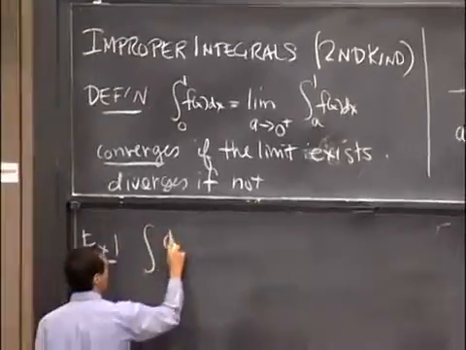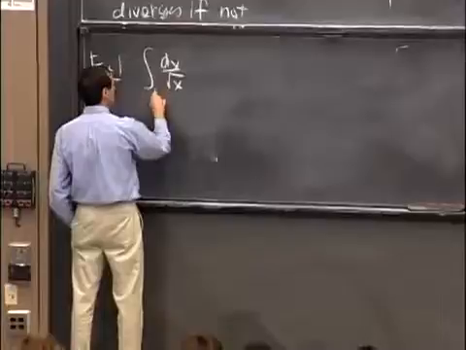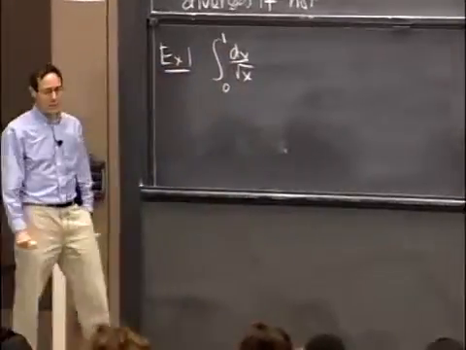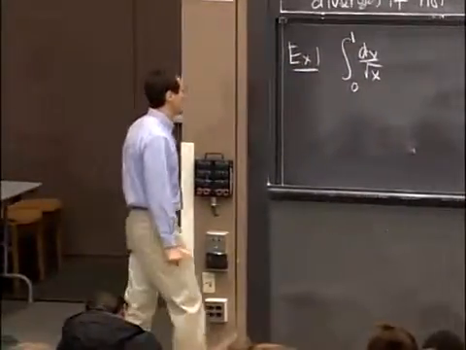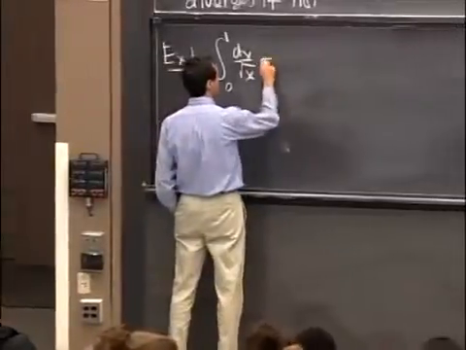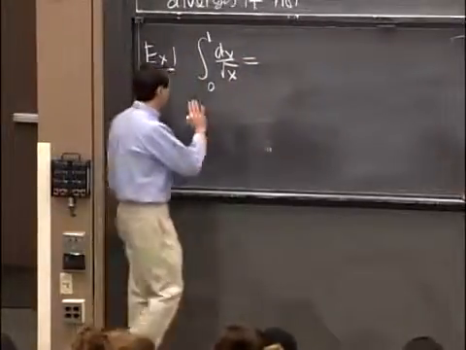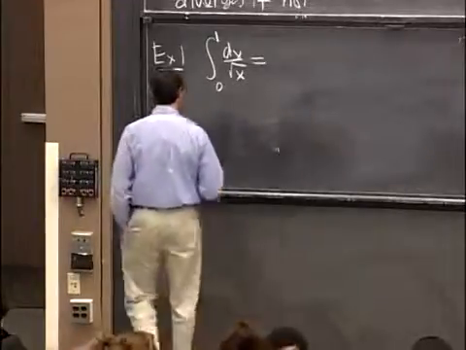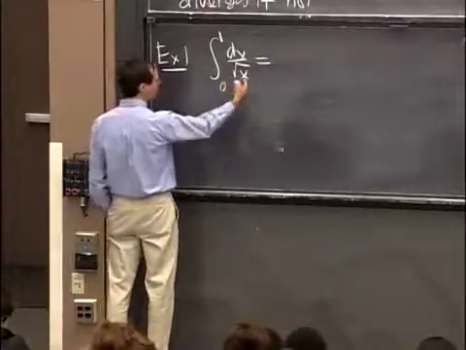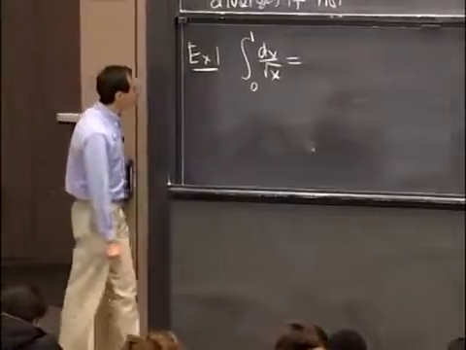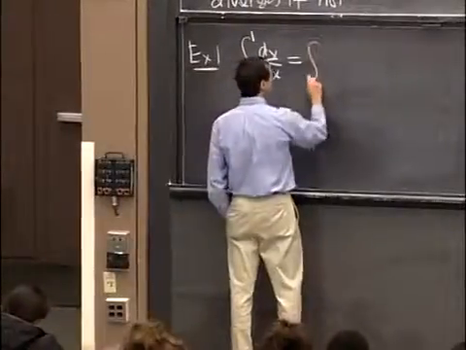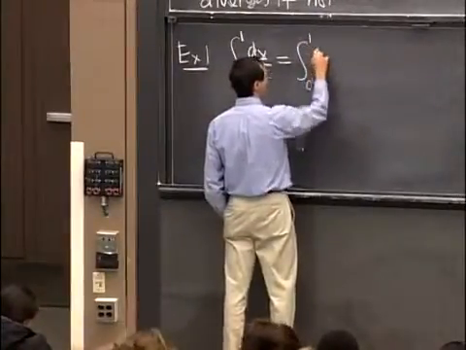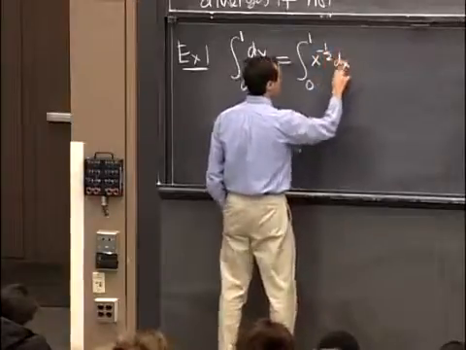First of all, I wrote this one down last time. We're going to evaluate this one, the integral from 0 to 1 of 1 over the square root of x. You almost don't notice the fact that it goes to infinity as x goes to 0. But if you evaluate it, first of all, we always write this as a power, to get the evaluation.